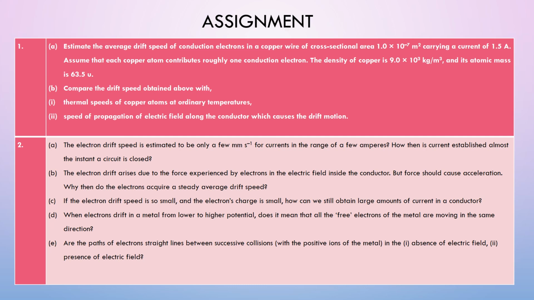The third is a board question: if the drift speed is so small and the electron charge is small, then how is a large current obtained? The fourth part is that when the electrons are drifting in a metal from lower to higher potential, are all the free electrons moving in the same direction? And the fifth one: what is the path of electrons between successive collisions in the absence of electric field and in the presence of electric field?